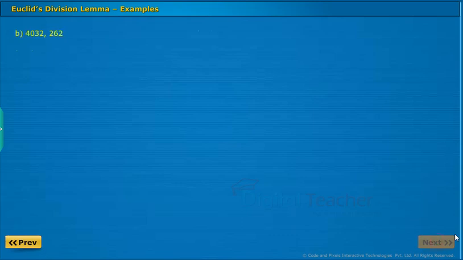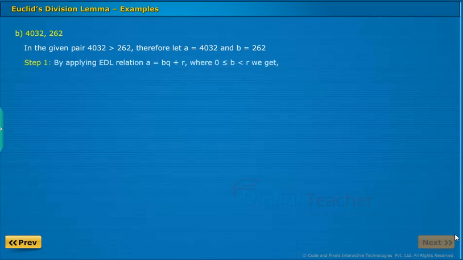B. 4032, 262. In the given pair, 4032 is greater than 262. Therefore, let a is equal to 4032 and b is equal to 262. Step 1.